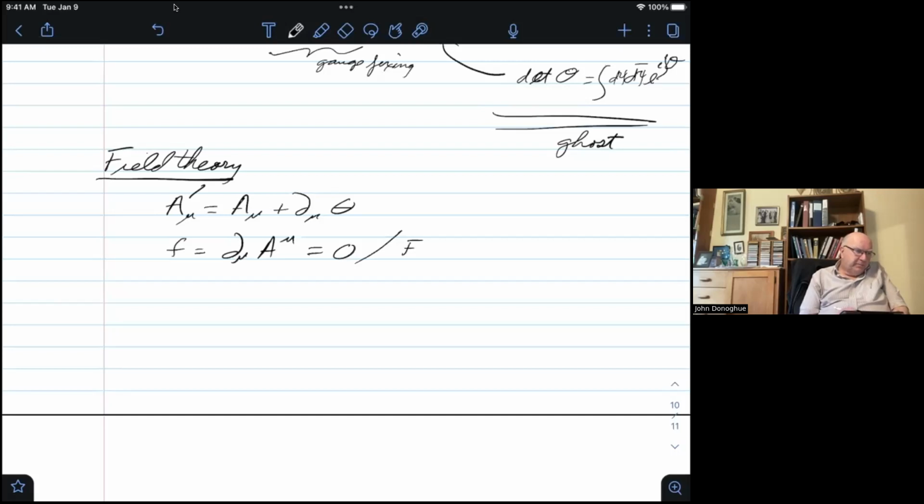Okay. So the factor of unity that one inserts is going to be the integral d theta over all possible changes, delta of f of A theta minus some constant, times the determinant.